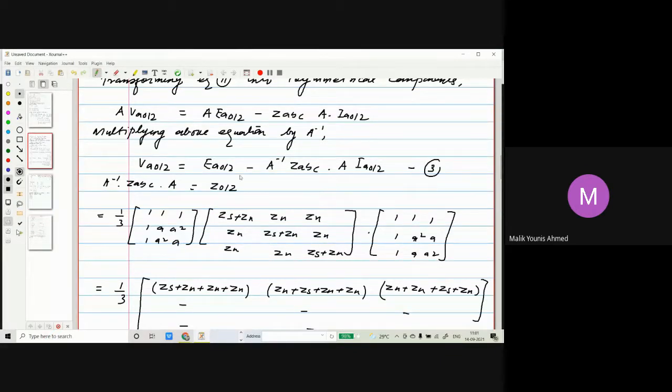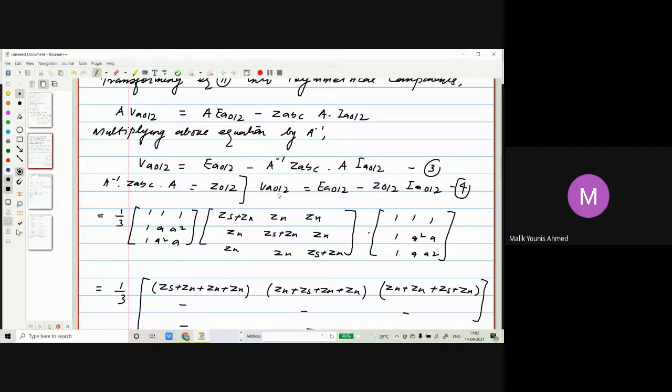But further, we have given this a name, so we can write VA012 equals EA012 minus Z012 IA012. So this is the fourth equation we are writing now.